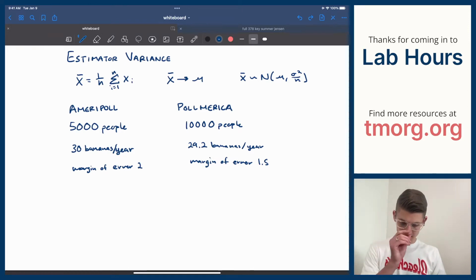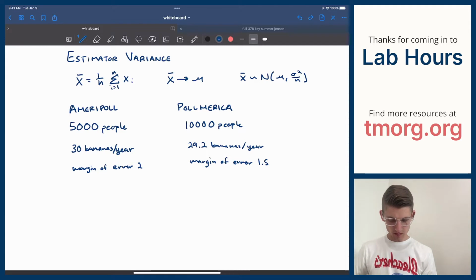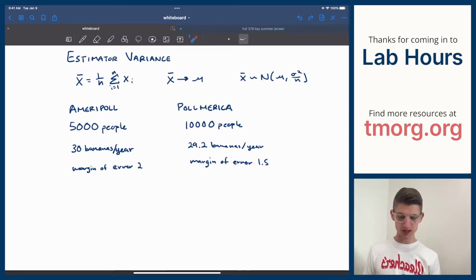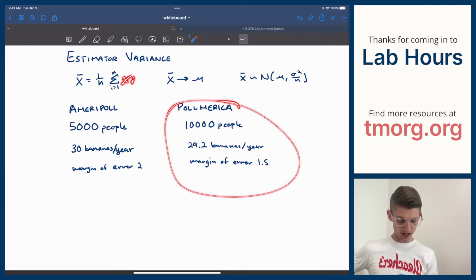Here's the deal. Check this out, okay? What does this margin of error tell us? What are they even doing? Well, both of them are using the same estimator. They're using an x bar here because they're trying to report an average. Ameripoll ran x bar with 5,000 as the n, and their xi are different than the xi that Pollmerica picked up.